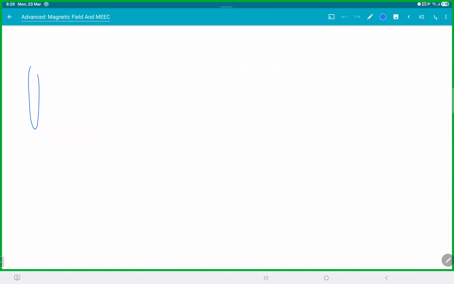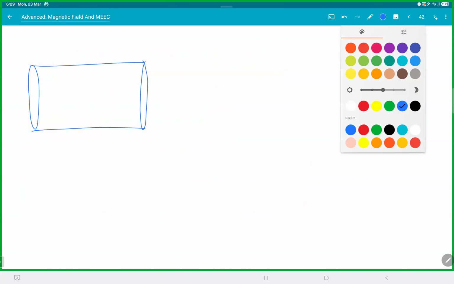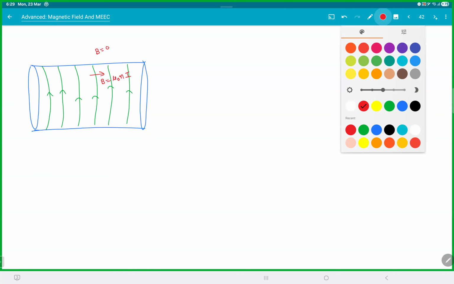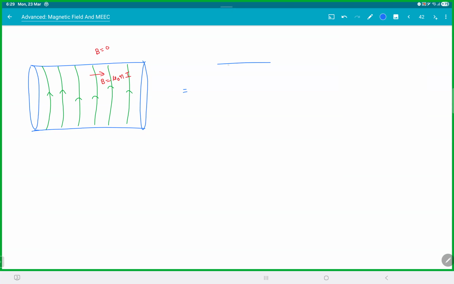It's like I'll take a cylinder. So the current is coming out like this. We know the field outside is 0 and the field inside is mu naught Ni. Again, same idea.